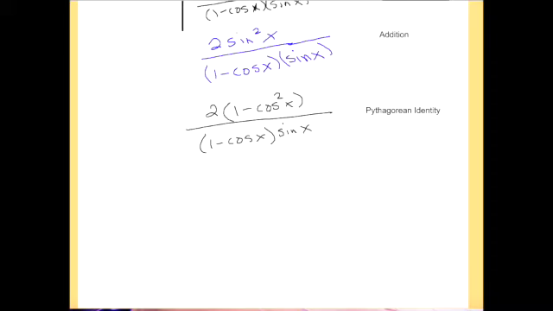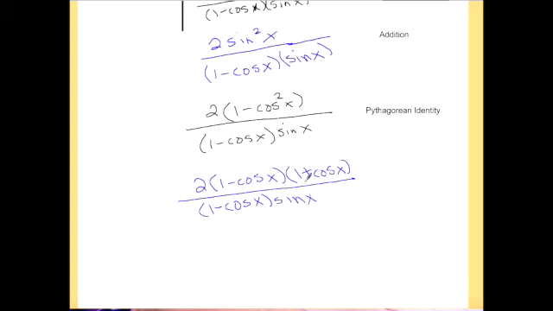So that's factorable. So I've got 2 times, let's see, 1 minus cosine squared is really 1 minus cosine times 1 plus cosine. And that was just factoring.